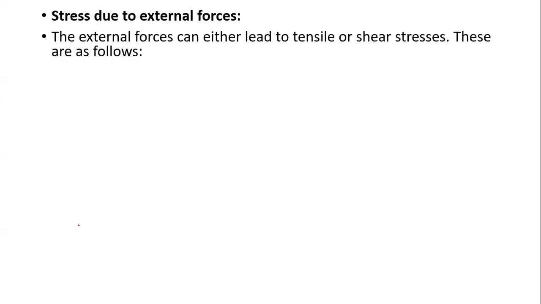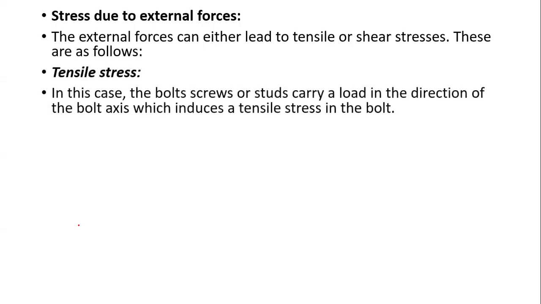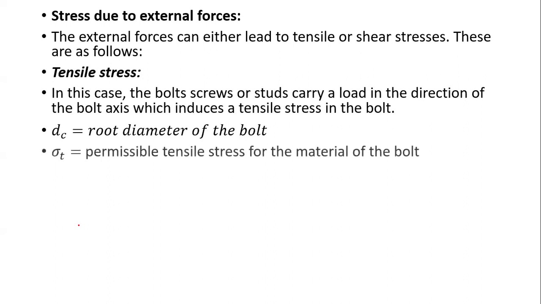Now, when you're tightening a bolt, you are basically applying external forces. The stress due to external forces, therefore, is the tensile stress. Here, the root diameter is represented by DC, and the tensile stress is sigma t. Therefore, P, the force due to the tension, is the tensile stress multiplied by the cross-section area.